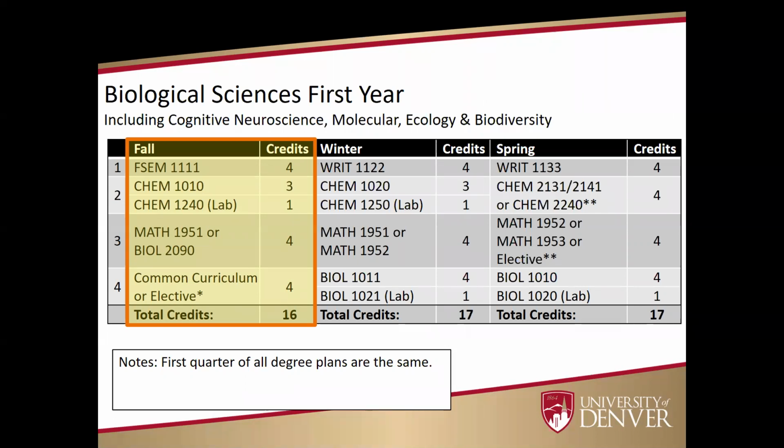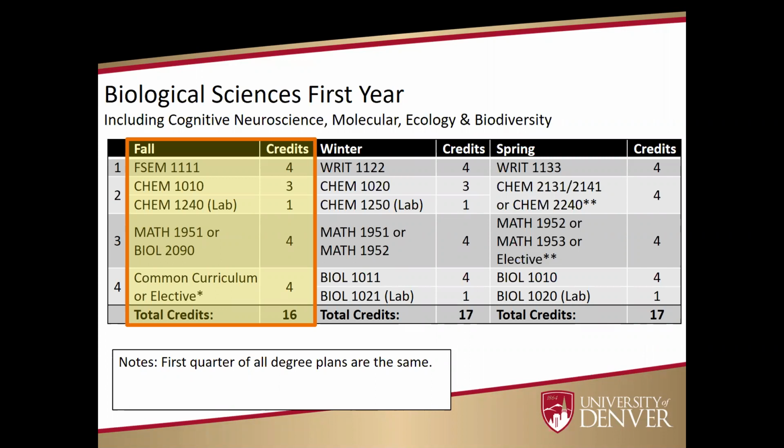The first class that you see is our first year seminar, and every one of our students takes this first year seminar. So that would be one of your courses. A second course for Biological Sciences would be the General Chemistry, and that is Chem 1010 with its lab Chem 1240.